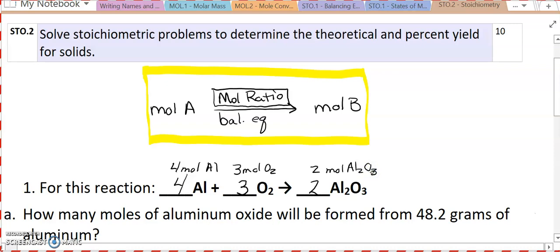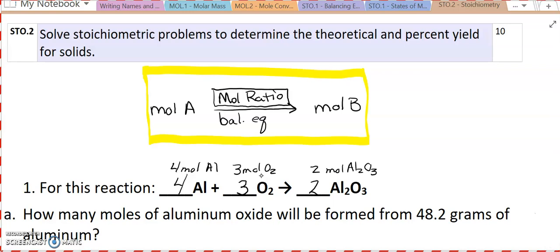And that mole ratio just compares any two parts of the balanced equation. I know that if I have 2 moles of aluminum oxide, I need 3 moles of oxygen to start. If I have 3 moles of oxygen to start, I need 4 moles of aluminum to react with it to make aluminum oxide. So I can go between any two parts of that balanced equation using that mole ratio.